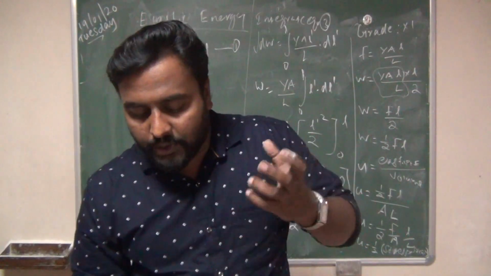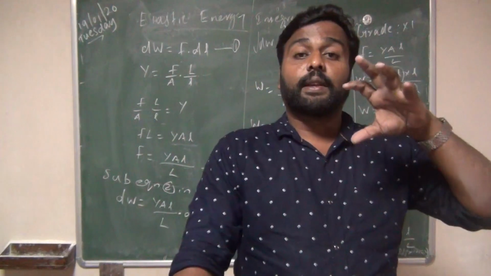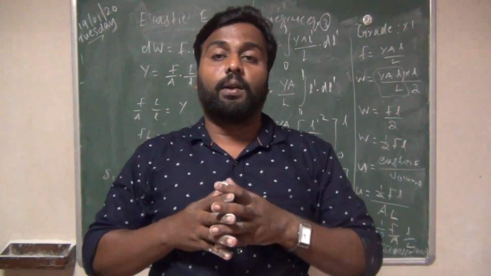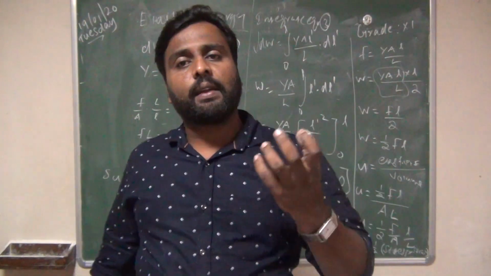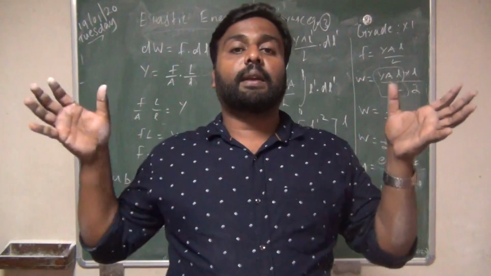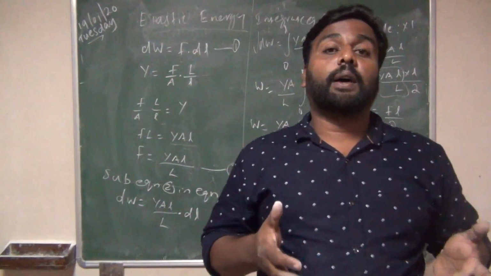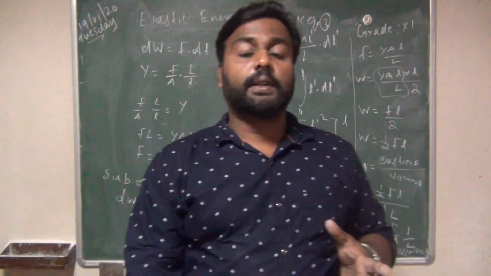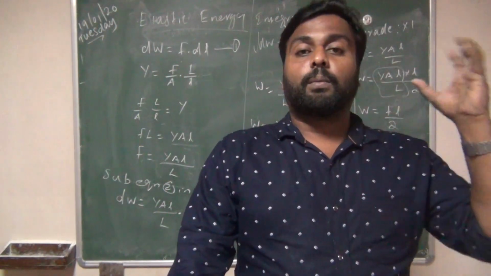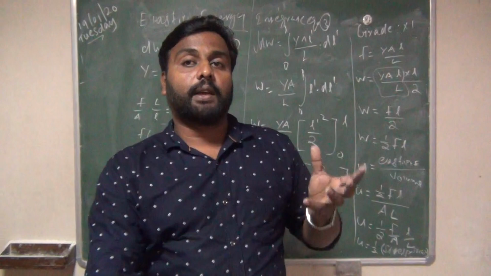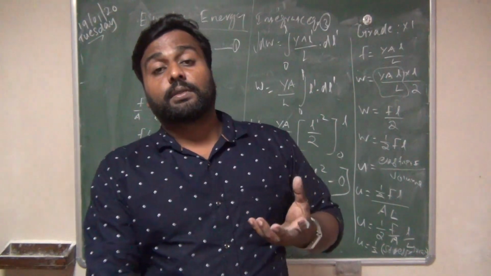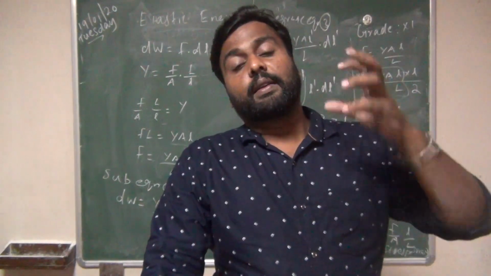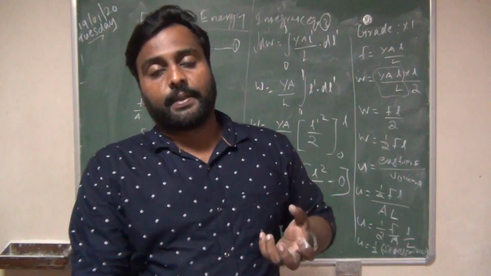Steel how much, aluminum how much, copper how much, iron and glass. Every material's Young's modulus value is given. By using these values, they can easily find out which material is suitable for constructing a bridge, and how much the metal bends. So to make big bridges and high machinery parts, they choose steel, because steel has a higher Young's modulus value than any other metal, than iron, copper, aluminum, glass, everything.